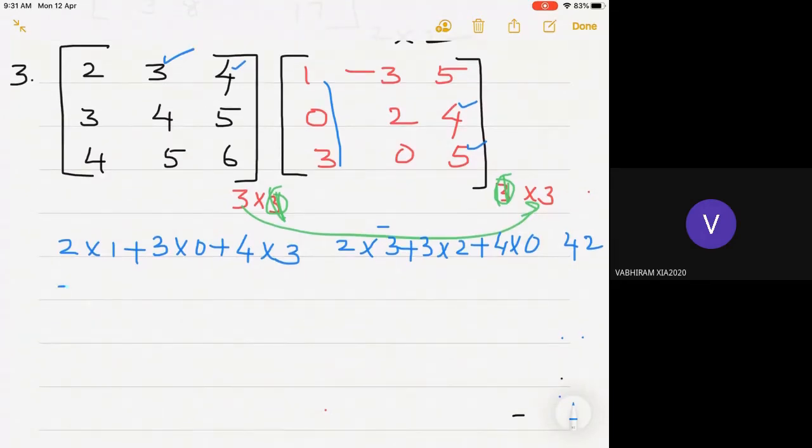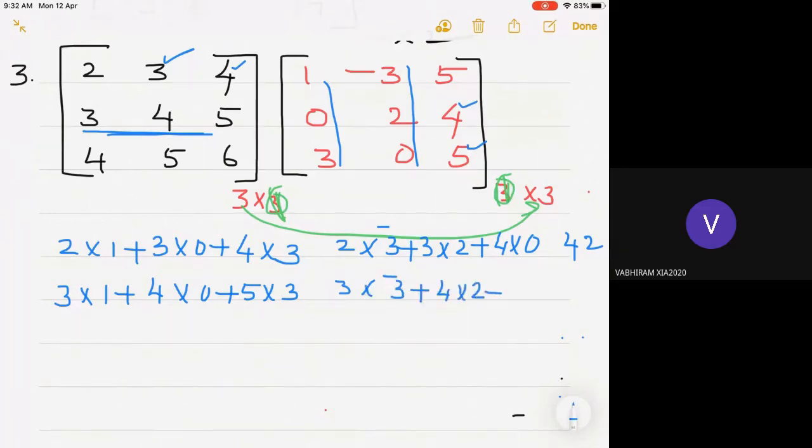Again, we'll do the second row with first column. So it is second row. That is 3, 4, 5. Going to the first column. That is 3 into 1 plus 4 into 0 plus 5 into 3. Again, second row with the second column. That is 3 into minus 3 plus 4 into 2 plus 5 into 0.